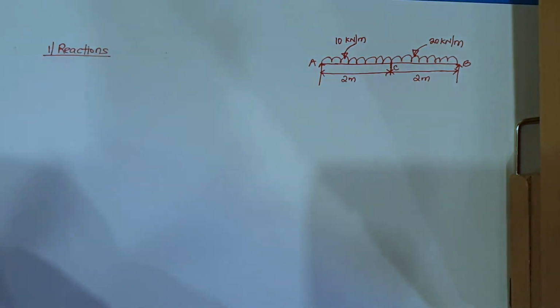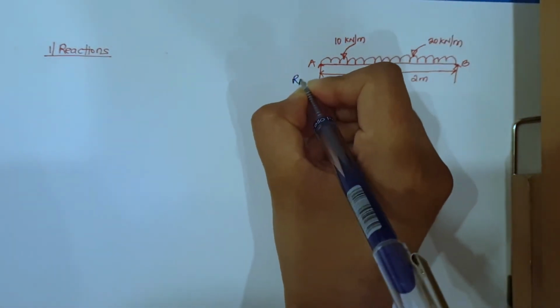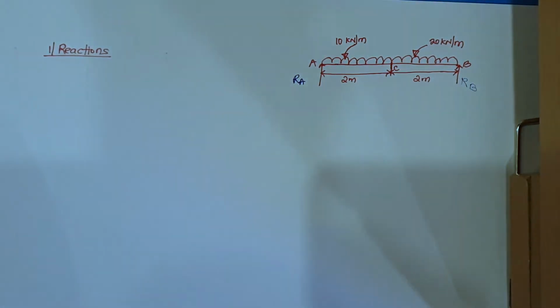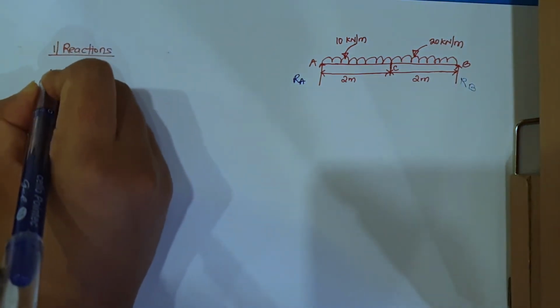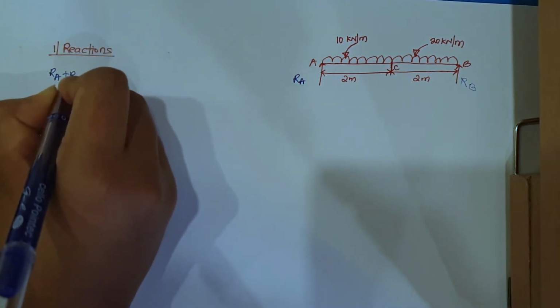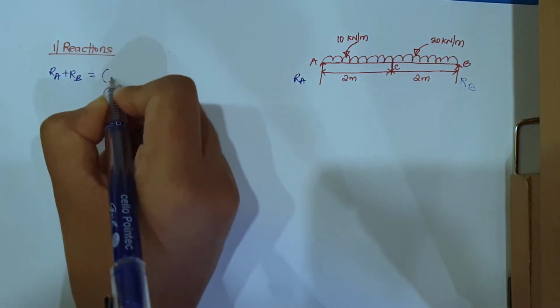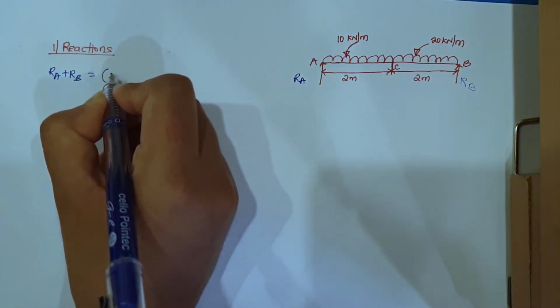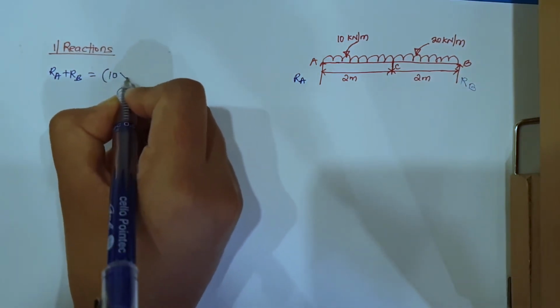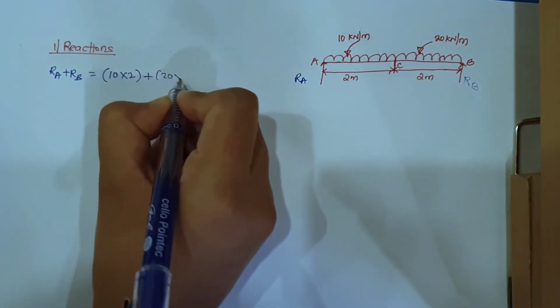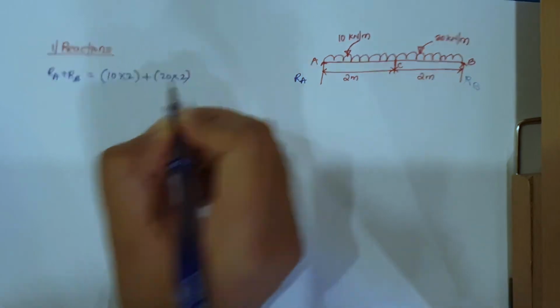Right, so I have here RA and here RB, right? So reactions will be: RA plus RB will be equal to the total load on the beam. So what is the total load? I have only UDL acting on this beam, so 10 into 2 plus 20 into 2.